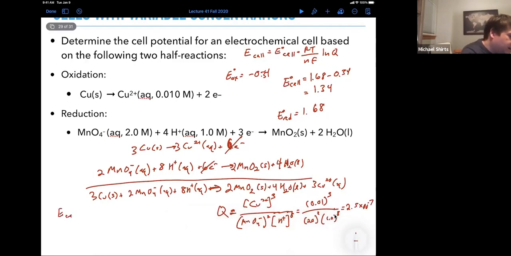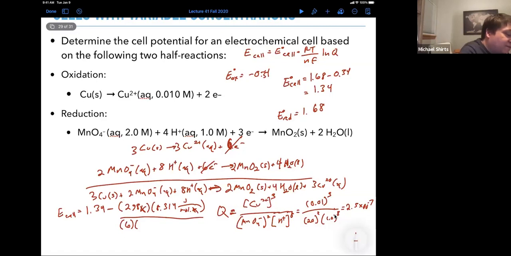So E cell is equal to 1.34 minus, let's assume it's at 298 K, times 8.314 joules per mole Kelvin. Kelvins cancel. We have 6 moles of electrons transferred.